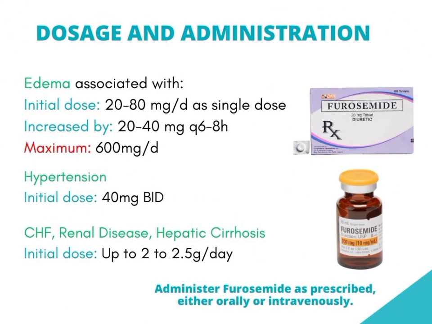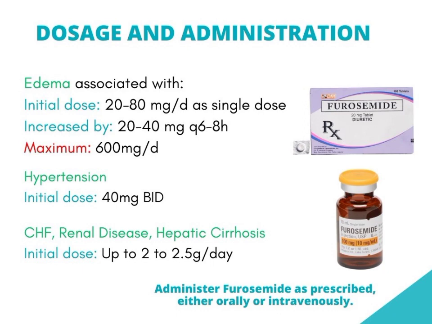Moving on to the dosage and administration, dosage is individualized based on the patient's response and condition, and it can be administered orally or intravenously, with the latter being preferred in acute situations. For edema, the initial dose is 20 to 80 milligrams per day as a single dose, increased by 20 to 40 milligrams every 6 to 8 hours, up to approximately 600 milligrams per day.